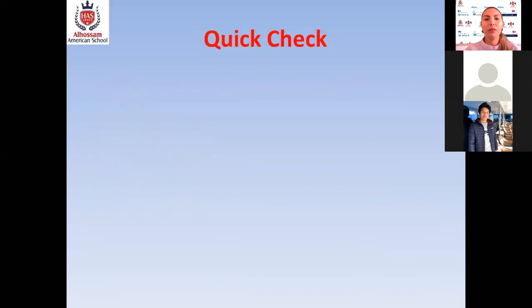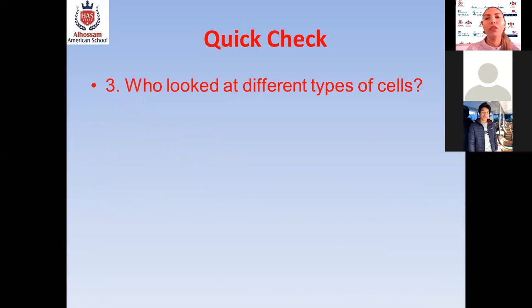And number 3, who looked at different types of cells? After Robert Hooke, scientists came and looked at different types of cells. Who is this scientist?